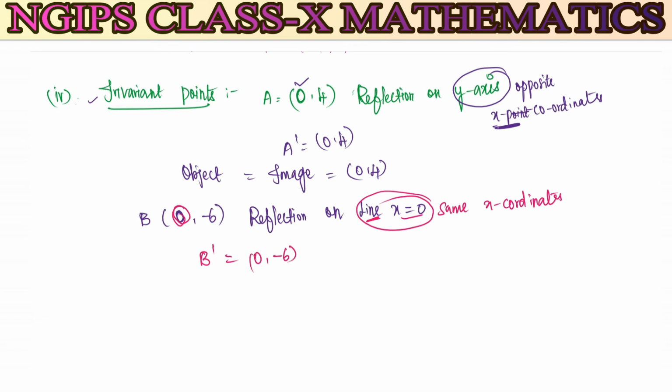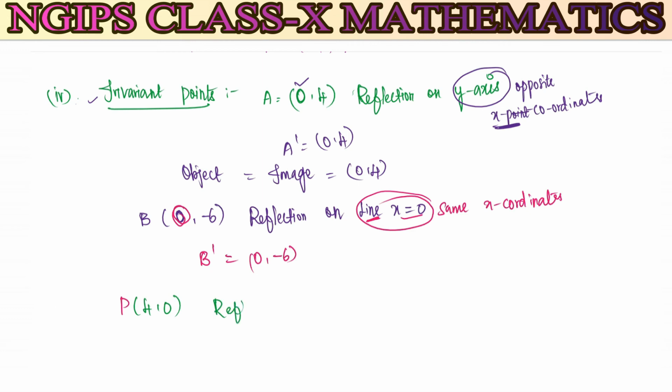Now next we'll move to one more example. Here I have P. So here P point is 4 comma 0. Now I have taken reflection on x-axis.